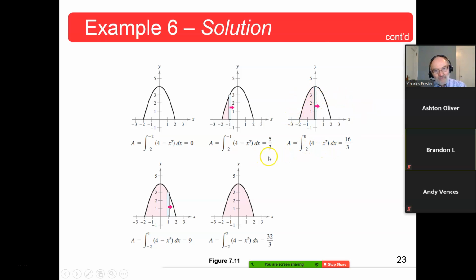I would have said from negative 1 to 0, then add that to that, but no, sure this is right, but why in the world would you do the same integration 1, 2, 3, 4 times, rather than just plugging it in once, or splitting it and doubling it and doing it once, and even a simpler thing? I don't know. They're trying to make a point, but it's a really lousy point. I mean, what's the deal with it? I don't know. All right, but anyway, that is the last slide in the section.